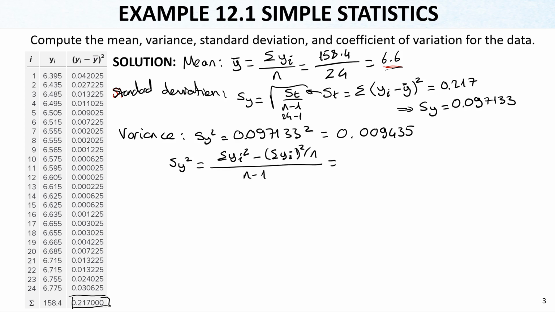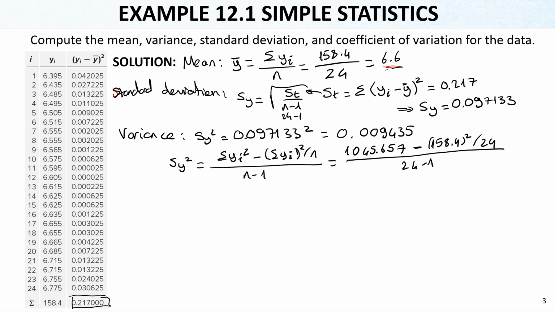If we take the square of each of these, then sum it, that gives us 1045.657 minus the summation of all data here, 158.4, and its square, divided by 24, all divided by 24 minus 1, meaning 23.